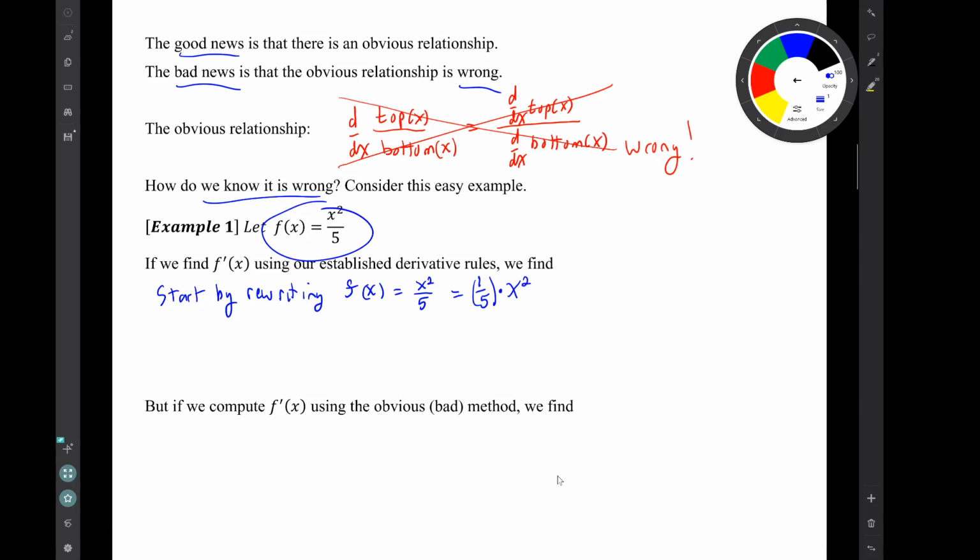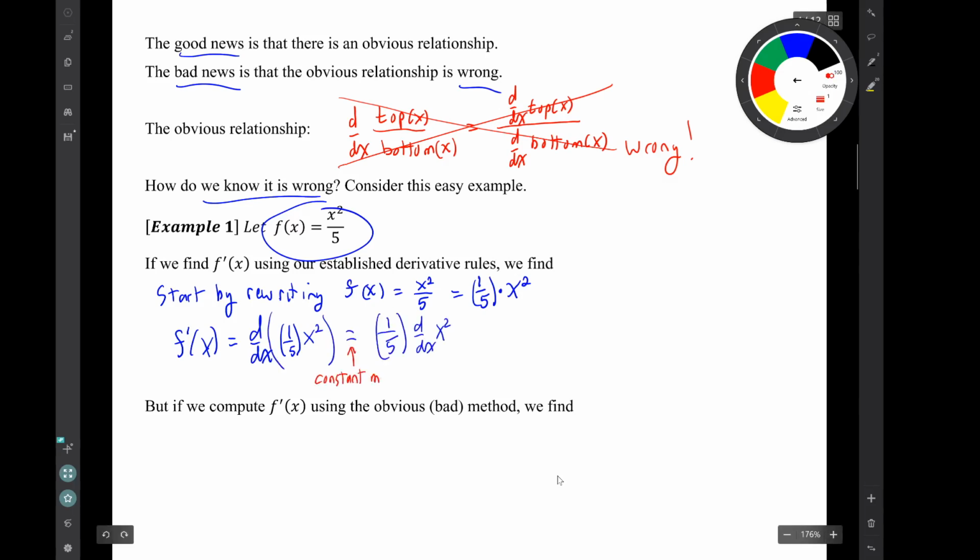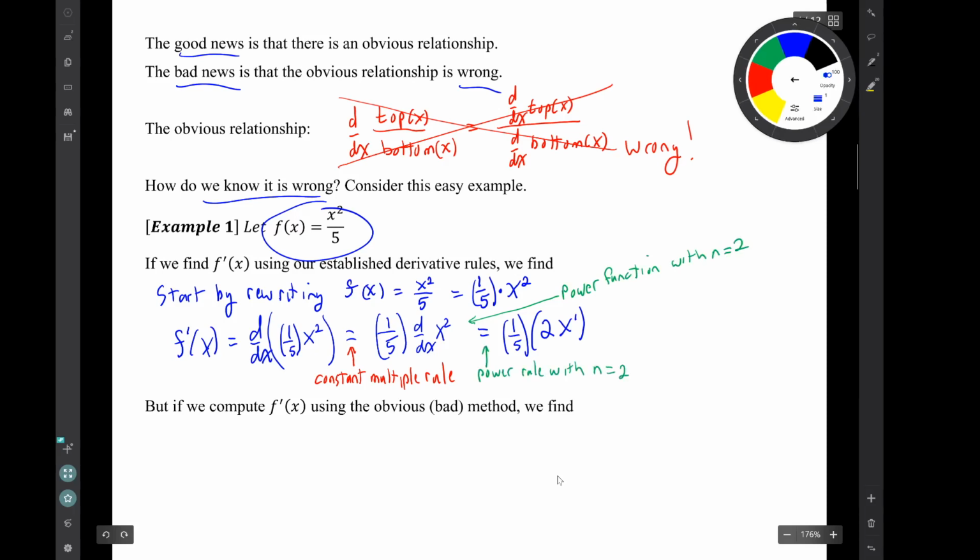So now we can find f prime using our very basic rules. So we get an answer that f prime of x equals 2x over 5.